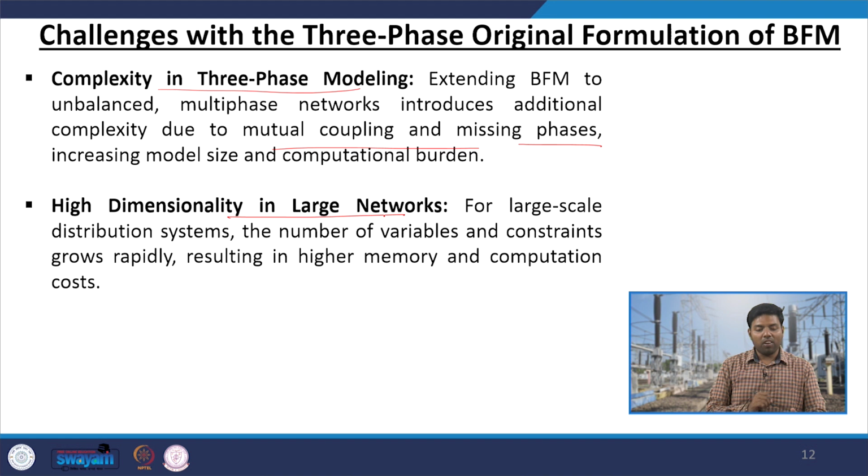And this will become further challenging when you go for a large size network. That means, let us say you go for an 8500 or 9500 or 10,000 bus network with a 3-phase system. You cannot imagine the size of that problem, and solving that within a very short time, or even solving that in a tractable way, will be a very complex and strenuous task.